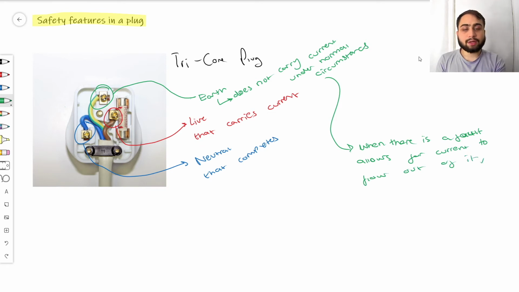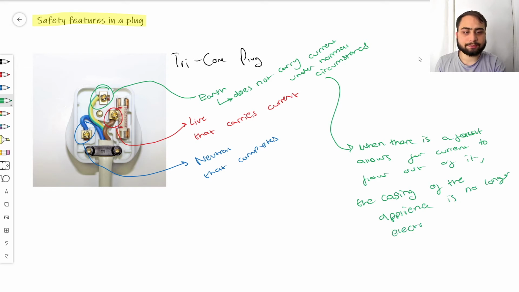And so now, with the current flowing through the earth, the casing of the appliance is no longer electrified. I hope that makes sense.